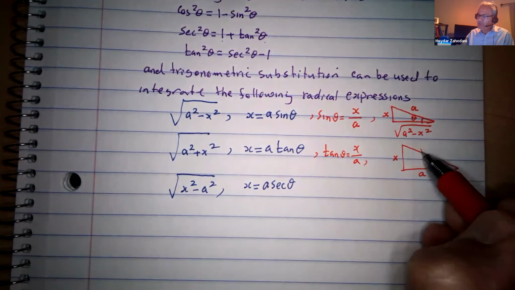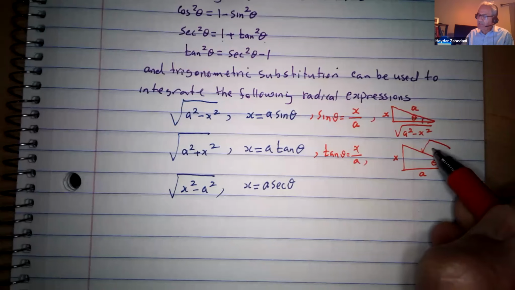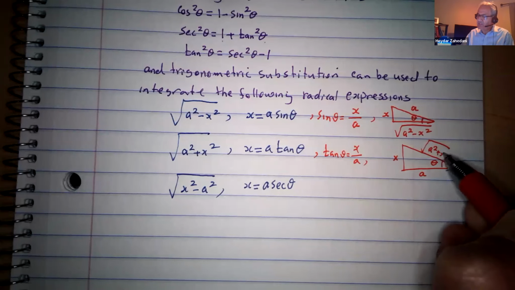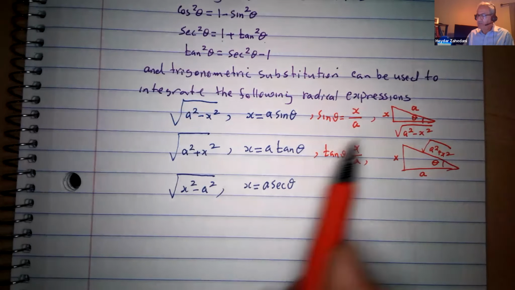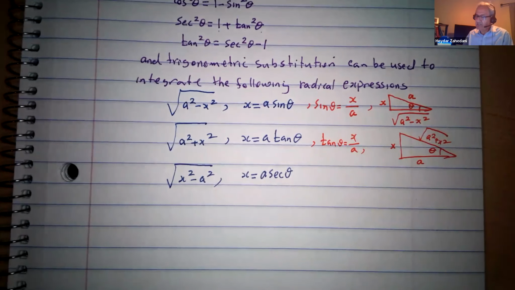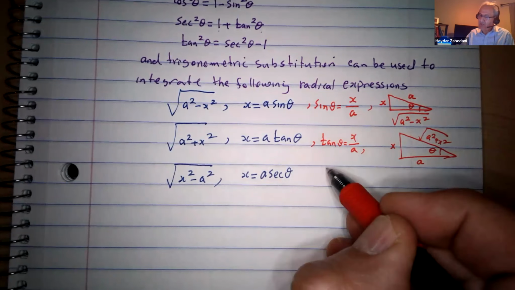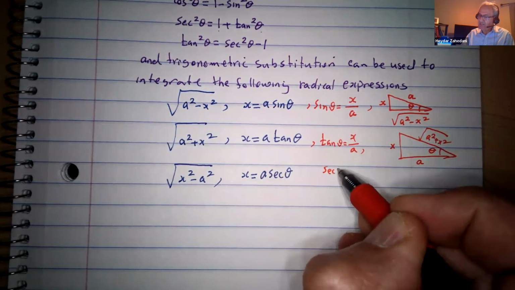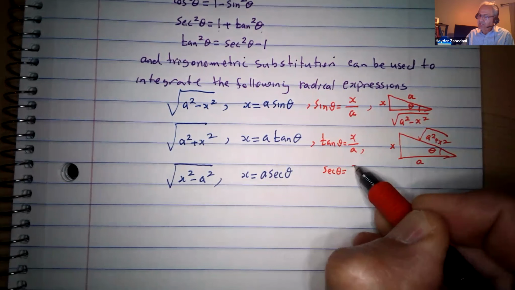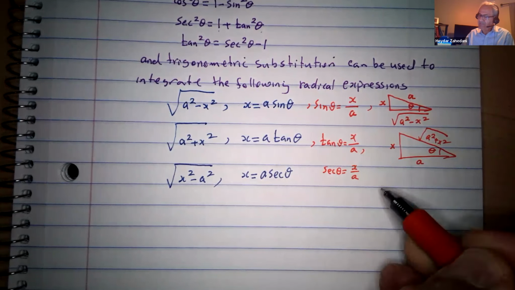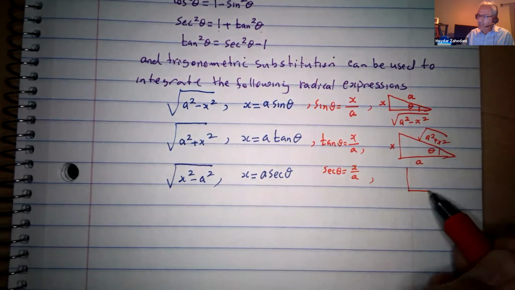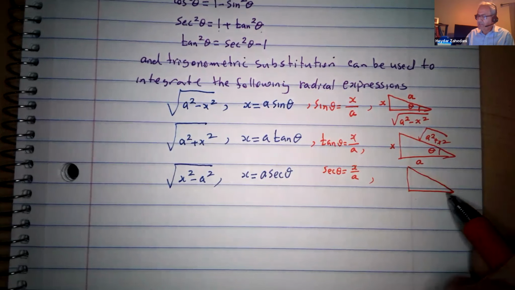According to the Pythagorean identity, the hypotenuse must be the square root of a squared plus x squared. This quantity must be one of the sides of your right triangle.